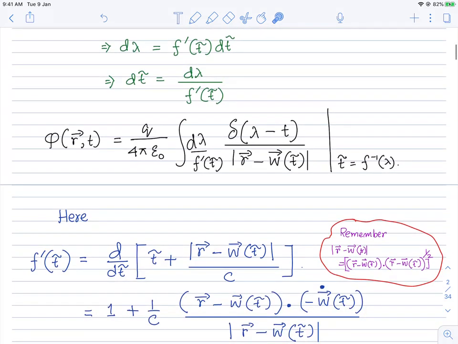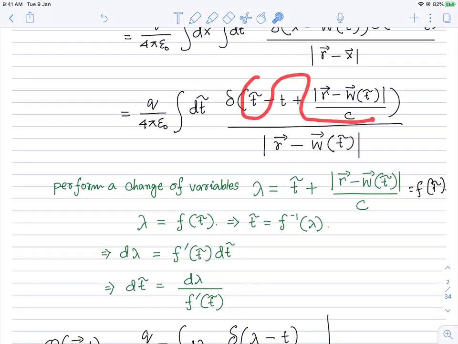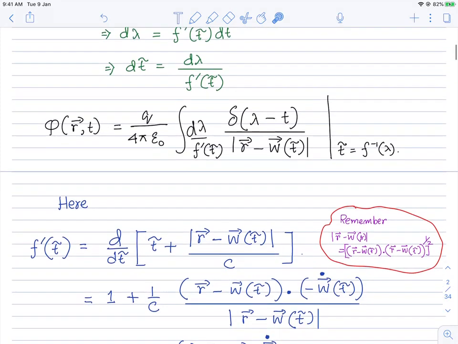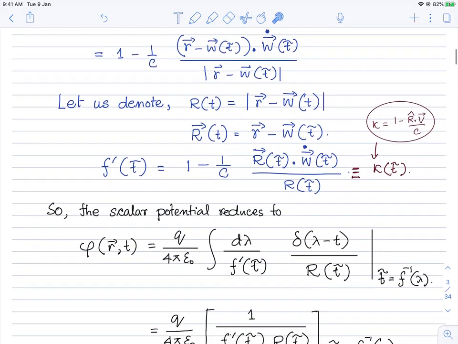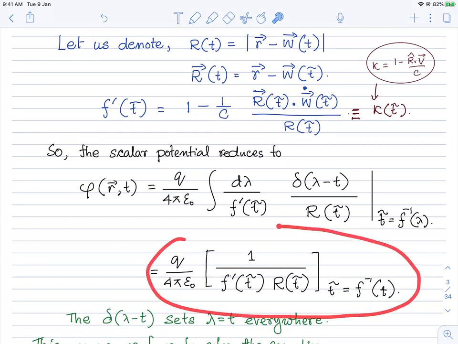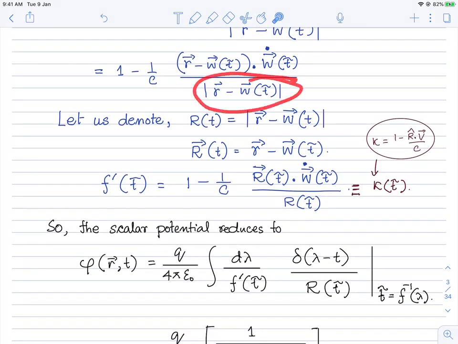But you see, what this integral does is basically the delta function clicks and sets lambda equal to t. That's all this integral does, because here we have substituted this object equal to lambda. So lambda equal to t is what the delta function enforces. Therefore the solution of this integral is simply this object here, with f prime of t tilde and r of t tilde in it. This r is defined in this way.